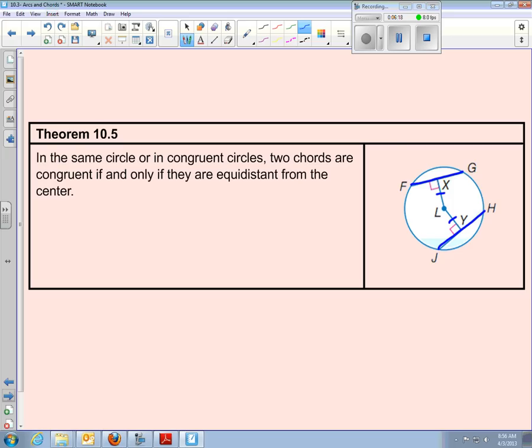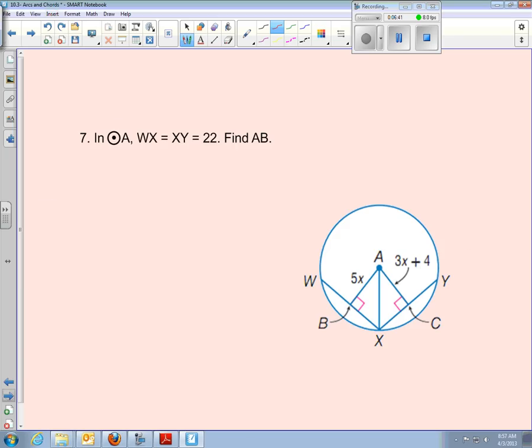All right, and because we see a perpendicular, it's going to bisect these two pieces. And if they're congruent, these two pieces are going to be also congruent. And then again, the two arcs are going to be congruent. So we have a lot of congruency going on because those two pieces are equidistant.